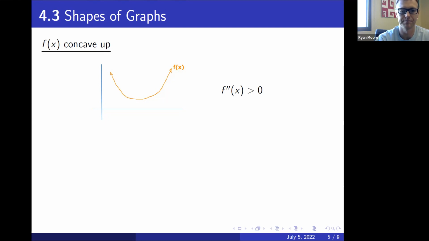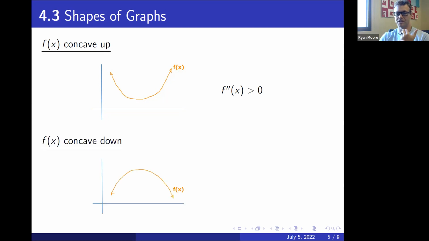What about if your function is concave down? It's got this downward sort of shape, this downward curvature. So again, from left to right, maybe it's going upwards, but it's pulling downwards. At some point it peaks and then it keeps pulling downwards like so. Well, as you can imagine, that's when the second derivative is negative. Similar argument: if you thought about the first derivative, the slopes of the tangent lines, they're really positive, but they're becoming less positive.